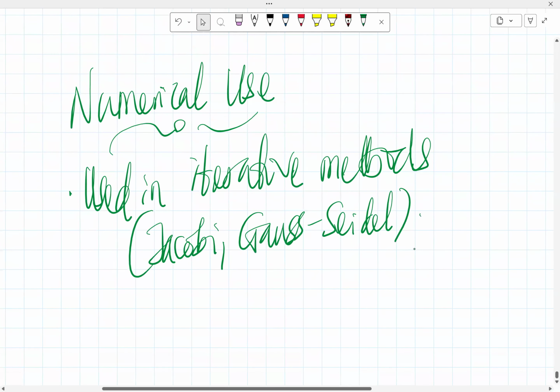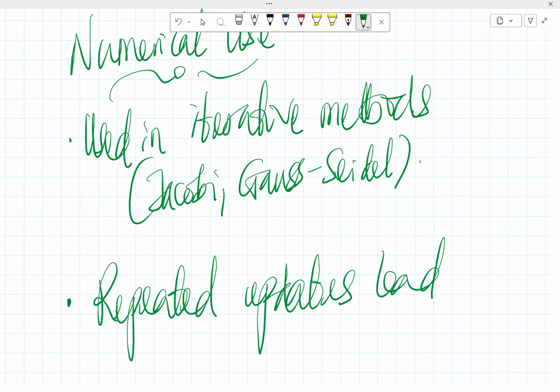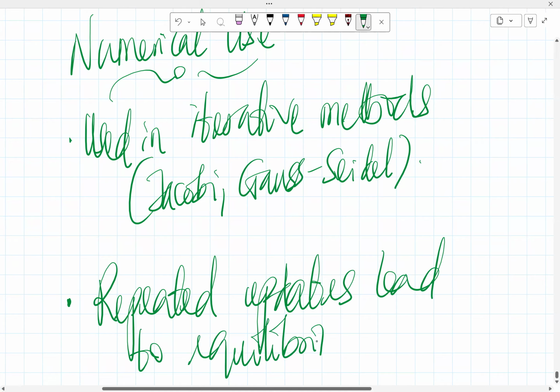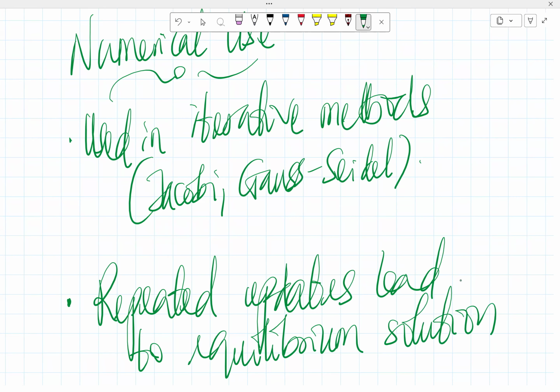You want to check it out in case you want to learn about numerical analysis. It's a very detailed playlist. Repeated updates lead to an equilibrium solution. So as you keep repeating the updates, it leads to the equilibrium solution.